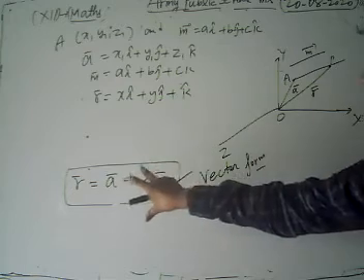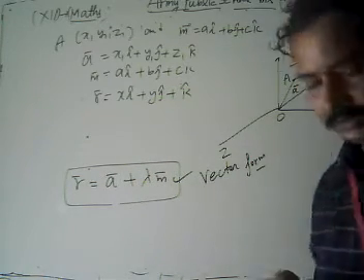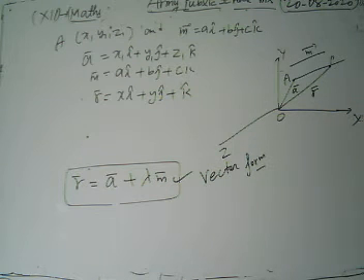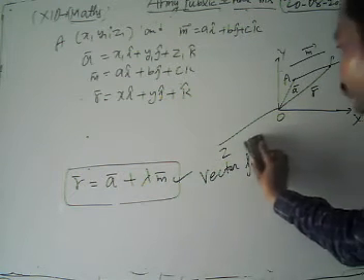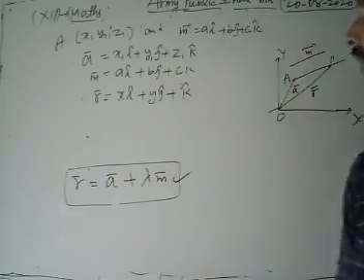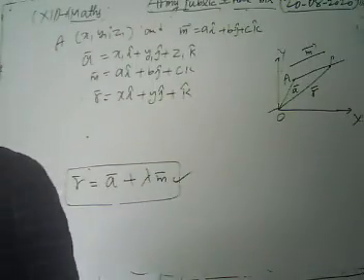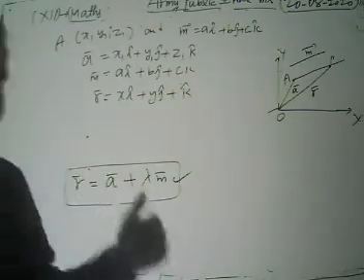This is our vector form of the equation of the line. We are going to put in our values to find the Cartesian form, for the case when the line passes through a fixed point and is parallel to a given vector.